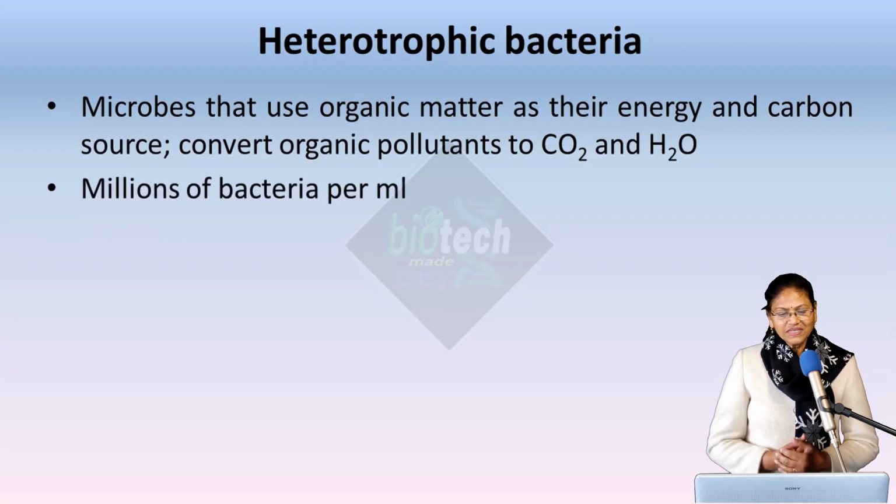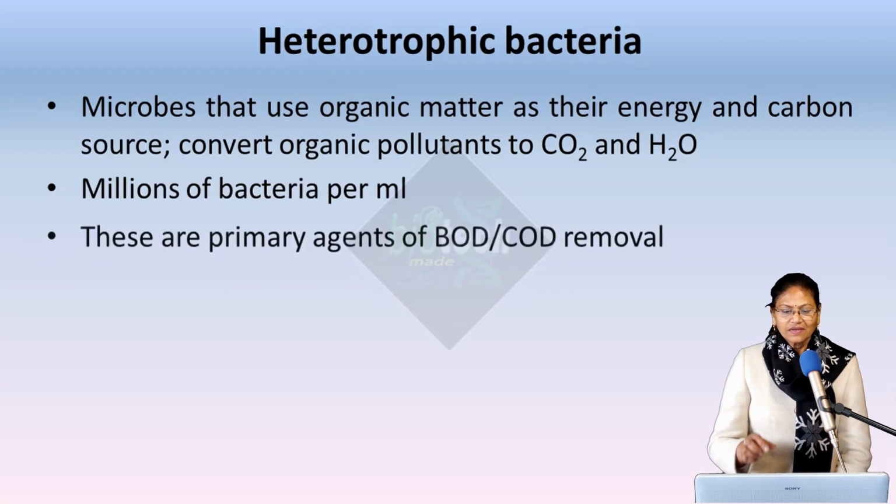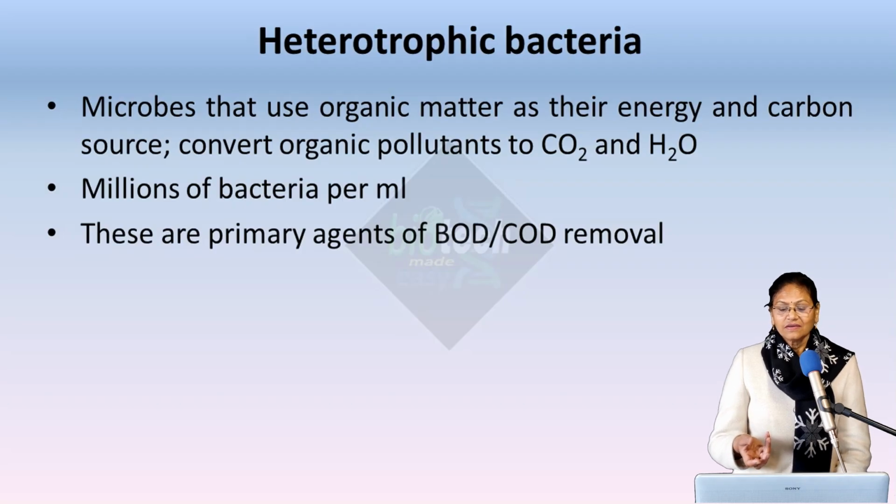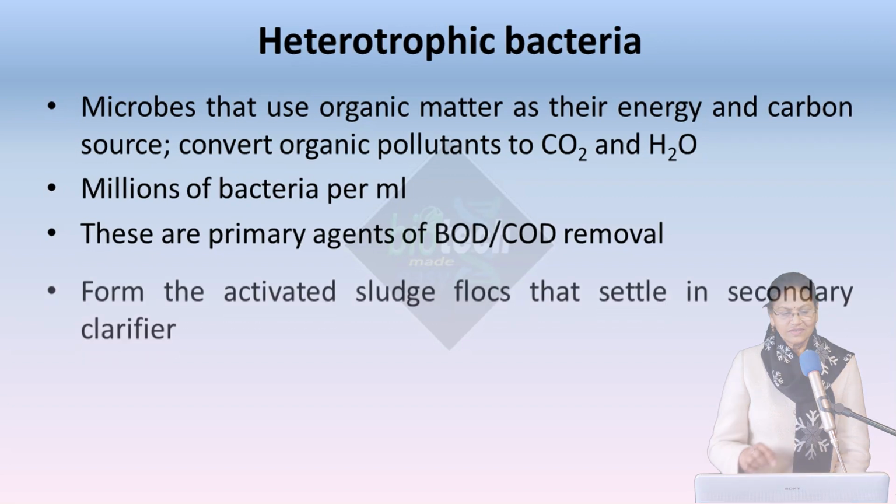Millions of bacteria per ml are there. Heterotrophic bacteria are present in abundance during wastewater treatment. These are the primary agents, a very important bacterial community in wastewater treatment, and they can remove BOD and COD easily.